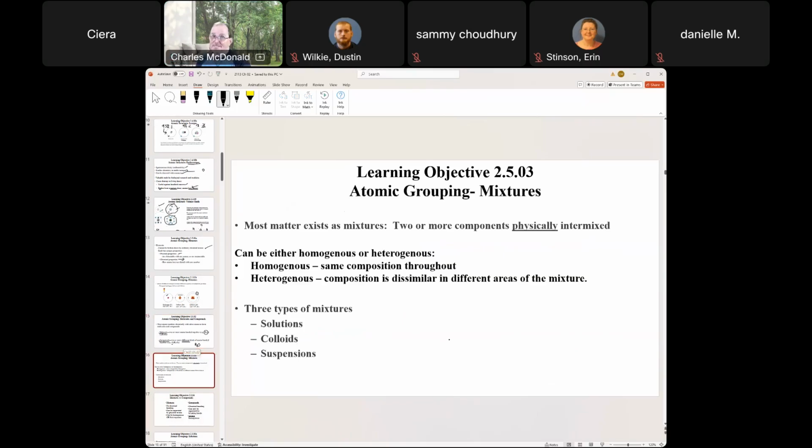Okay. This is the part that is somewhat confusing for a lot of folks, and I can absolutely understand it. You really have to work to get your head around this stuff. There's a thing called a mixture.